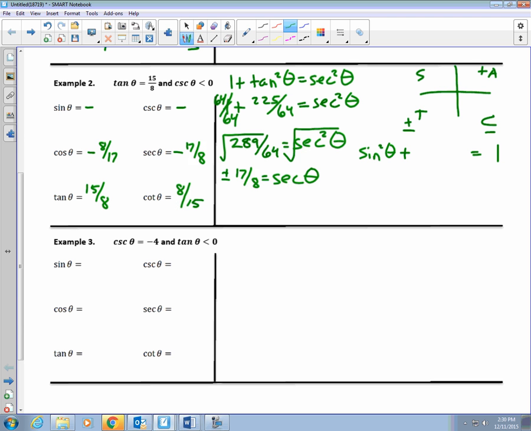What's 8 squared? 64 over 289. Change my 1 to 289 over 289. What do I do then? Subtract. I get sine squared is 289 minus 64, 225.